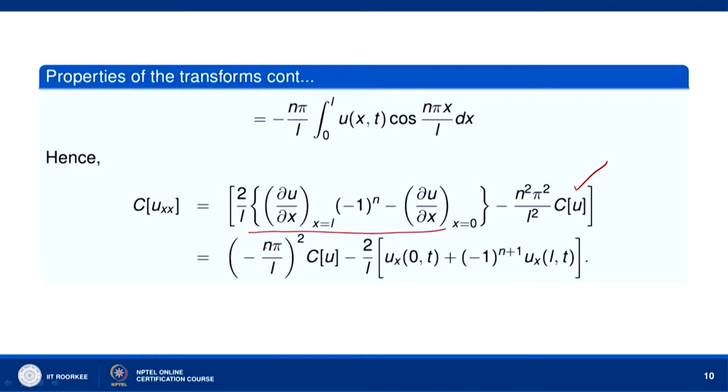So, this I can write as minus n pi over L whole square C_u, minus 2 over L, because minus we have taken common, times [u_x(0,t) minus (-1)^(n+1) u_x(L,t)].